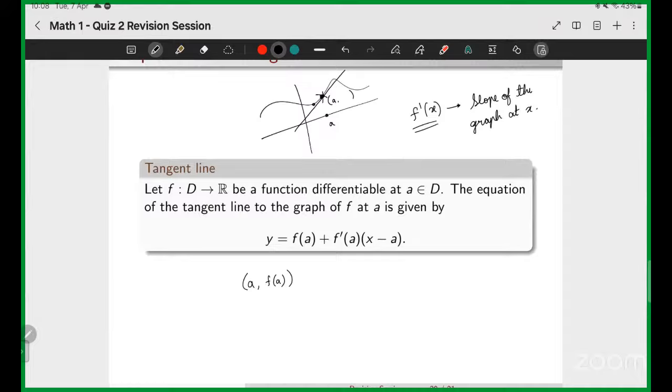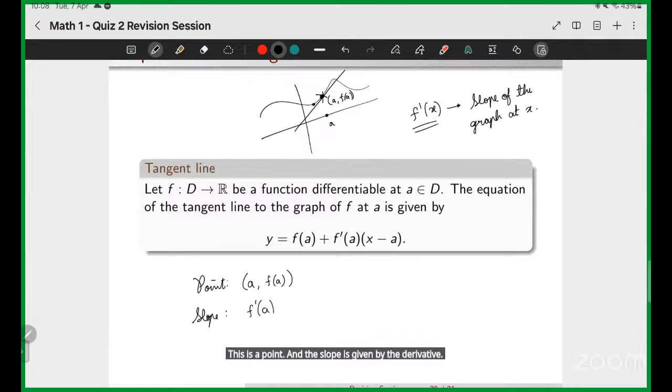So let me make that change. This is a point, and the slope is given by the derivative at that point, f prime at a. Using the point and the slope, I can get the equation of the line in the point slope form.